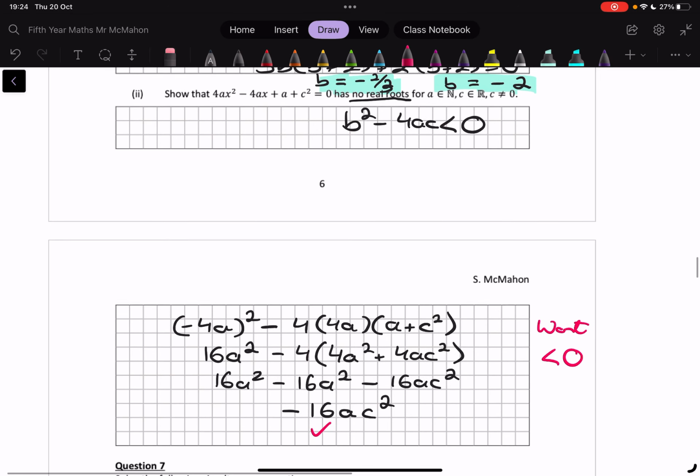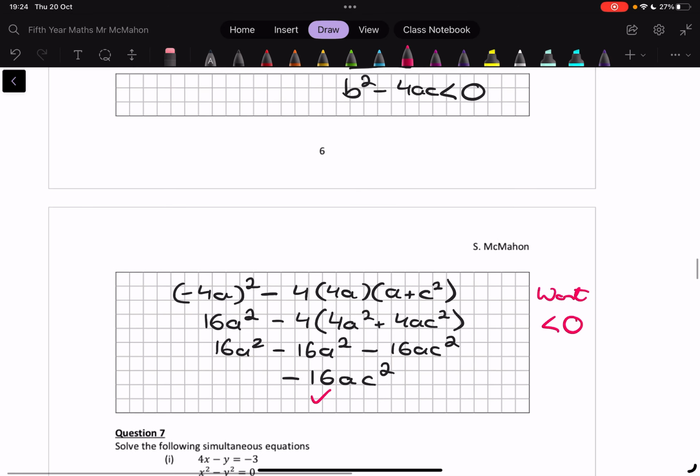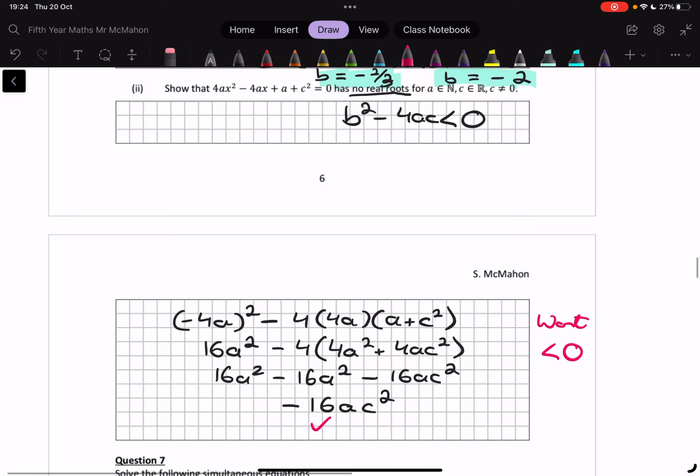If we have c², we can say that anything squared is always going to be positive. So therefore -16 multiplied by a positive number will be a negative value. And then we have to say, is a always positive? Well, we are told in the question a is an element of N. N is the natural numbers, so that means a is greater than 0.